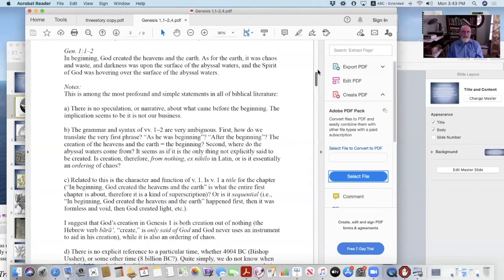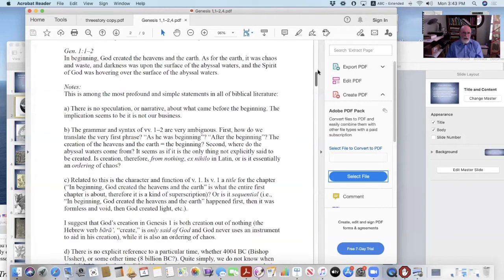Now, related to whether God's creation in Genesis 1:1 through 2:4 is ex nihilo, out of nothing, or whether it is essentially ordering chaos, I think that is a false dichotomy.